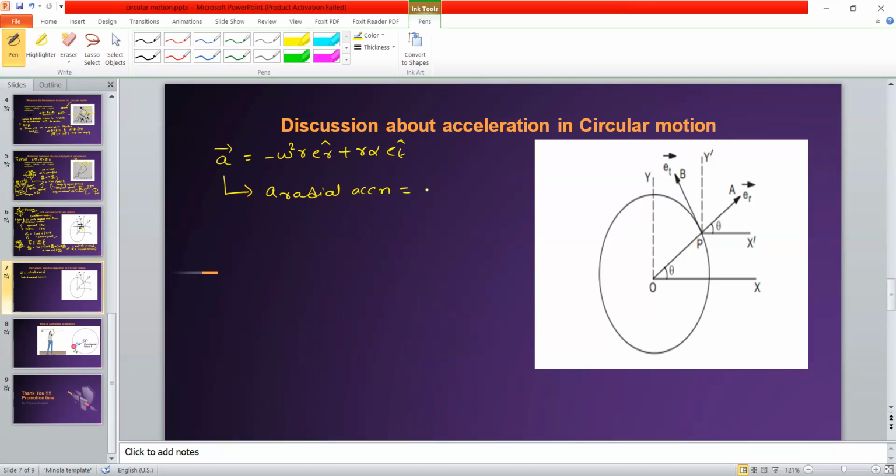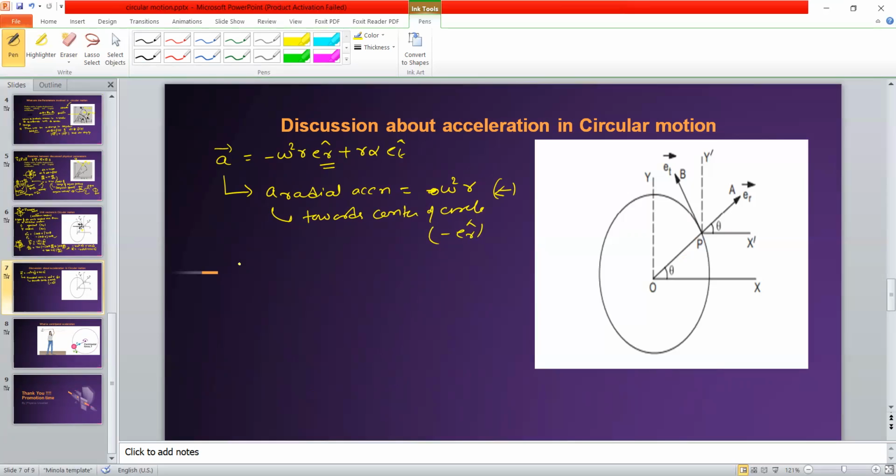Radial acceleration is minus omega square r, because er is the unit vector acting outward from the center, but it's minus, so it is acting towards the center. The direction of radial acceleration is towards the center of the circle, as the unit vector is minus er.